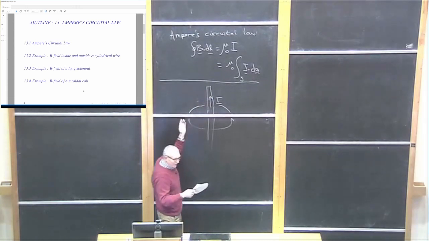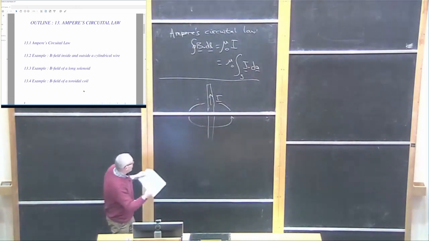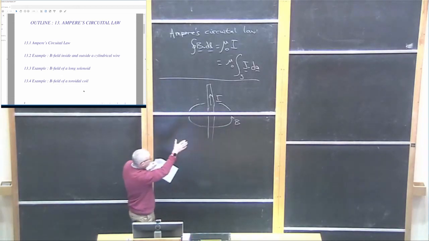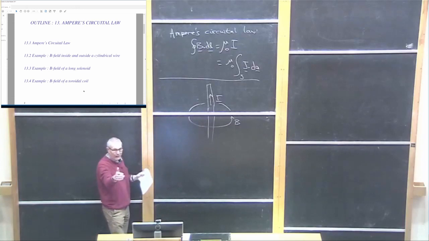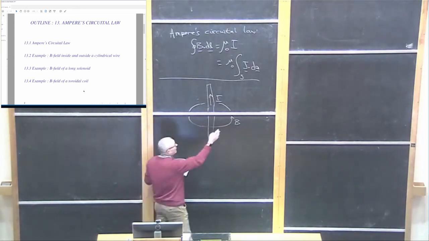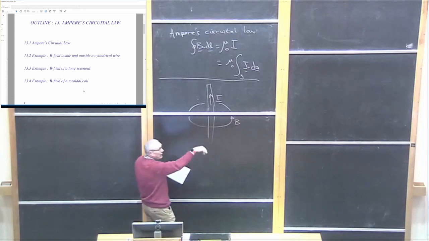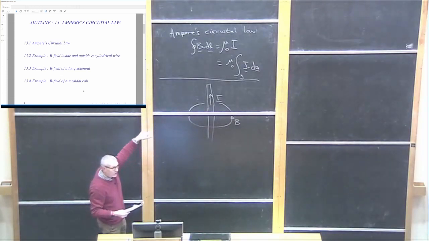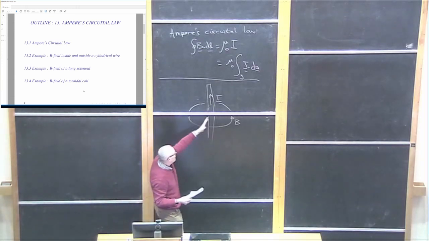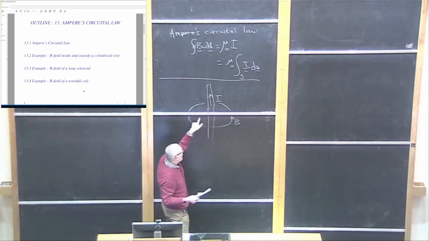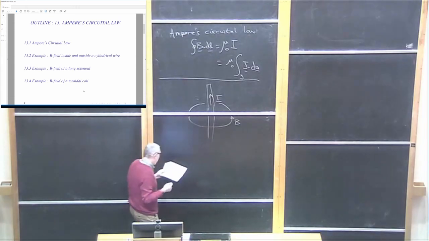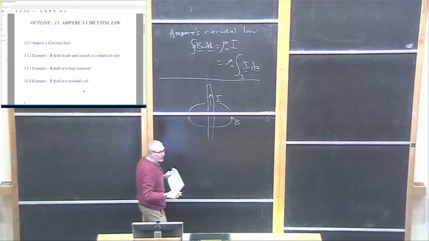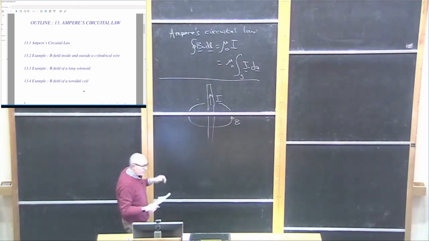Right. So just to recap, we've got a current flowing through. The right-hand thumb rule gives the direction of the magnetic field. It's not radial, it's azimuthal around the current, like that. And the field lines form a closed loop.